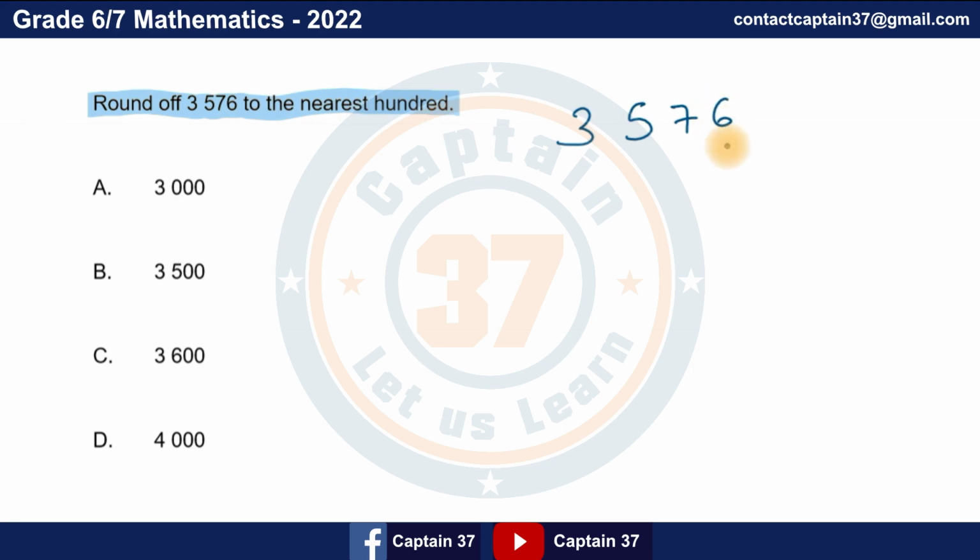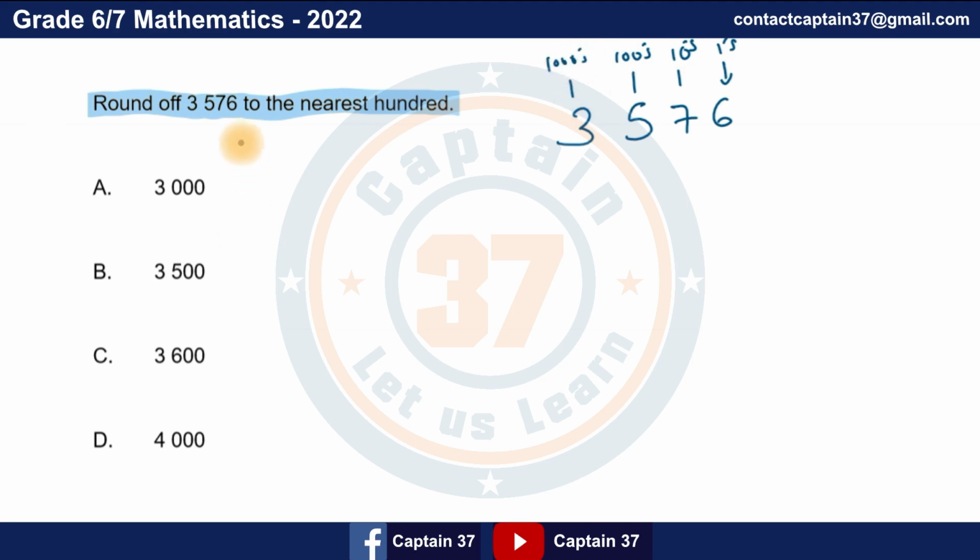3576. Remember that numbers have got positions. This one represents ones. This one represents tens. This one represents hundreds. And this one represents thousands.